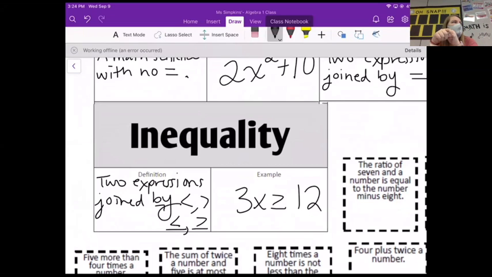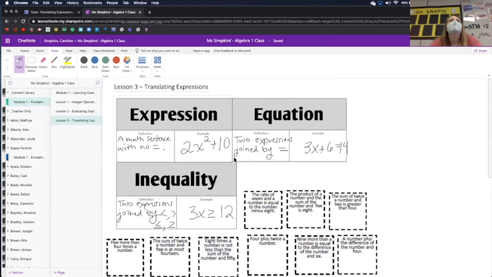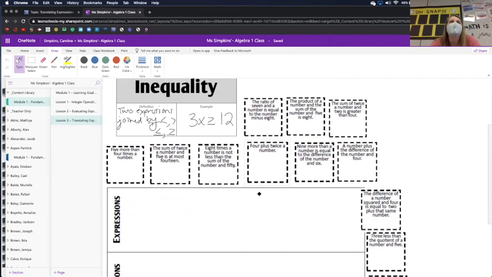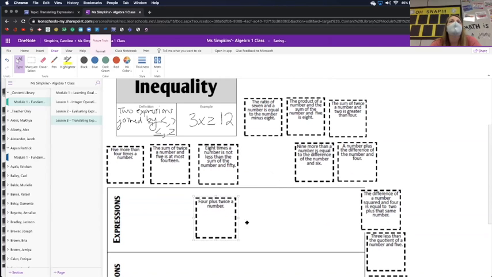Yes. If you go back to draw, and then all the way on the left-hand side, there will be like a cursor. If you click on that, you should, in theory, be able to take these boxes and drag them. You want to drag those statements to whatever they represent.